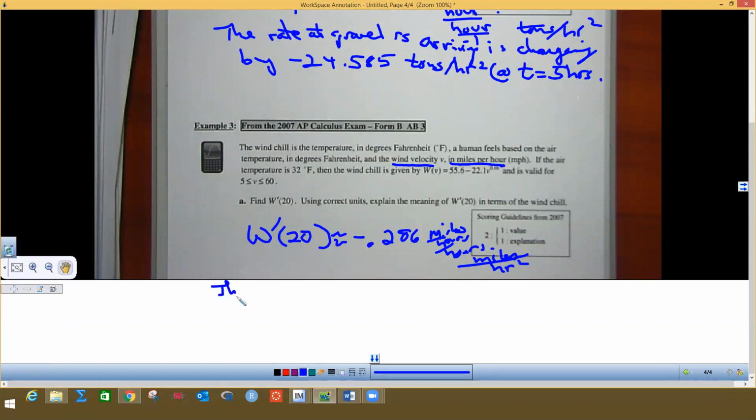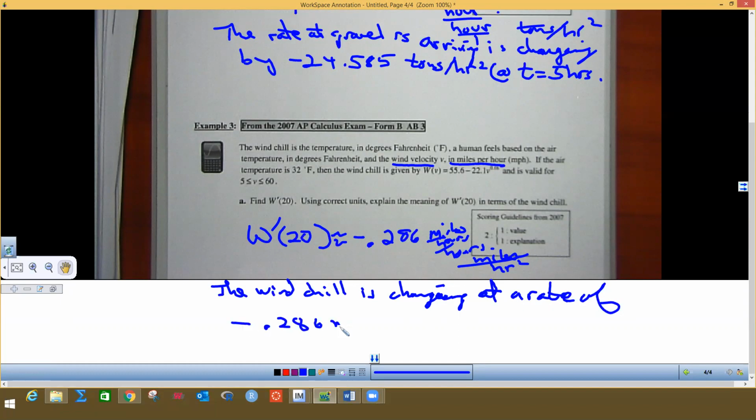So we would say the wind chill is changing at a rate of negative 0.286 miles per hour at t, I'm sorry, I shouldn't use t because it's not t, it's not time, it's velocity.